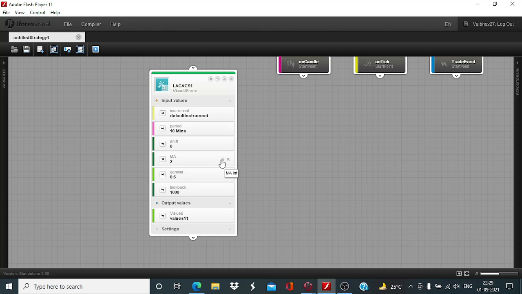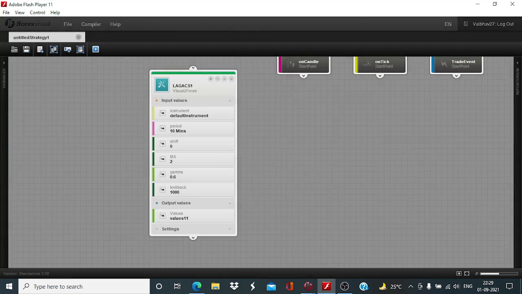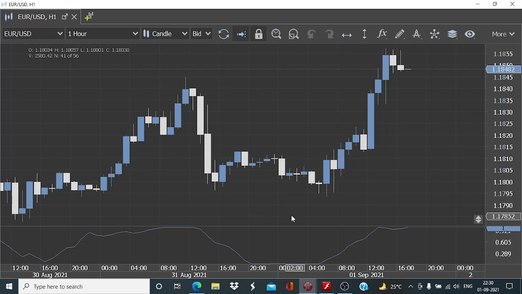The moving average, you can make changes. The start value can also be changed. But this time around, we are working with the default setup, so I won't be carrying out any changes. This gamma value can also be changed, and the look back period is the number of candles which need to be considered while calculating the output value. So depending on these parameters, you will get the plotting of the Laguerre ACS.